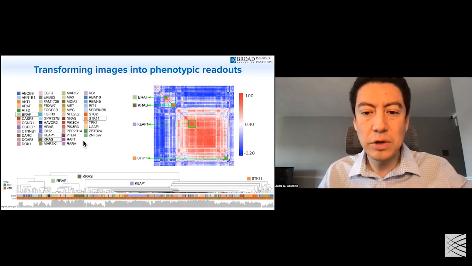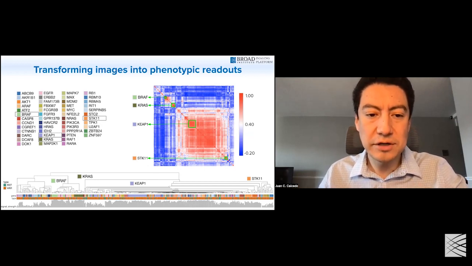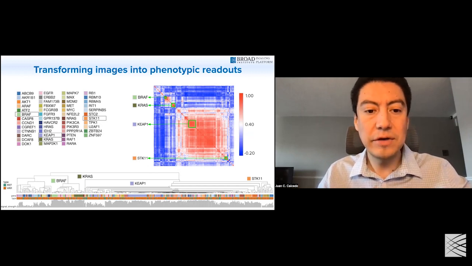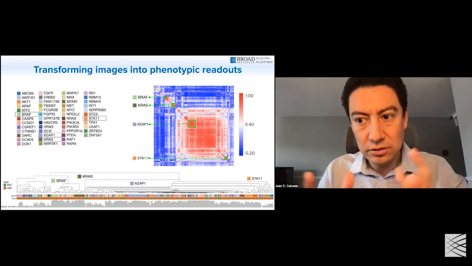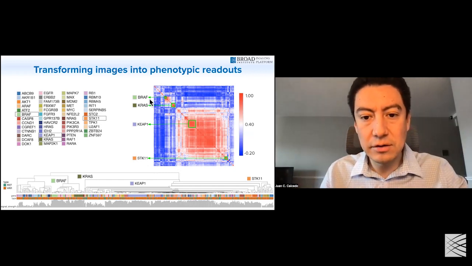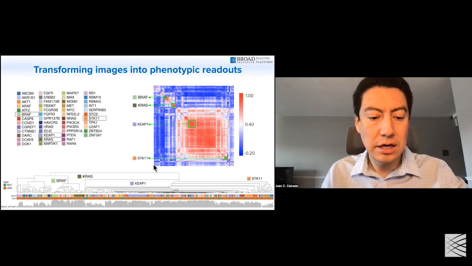For each of those, we had about 8 to 20 variants included. This is the matrix of similarity across the replicates. And one thing that we observed is that the variants of each of the wild type genes that we included cluster all together. So for instance, all of the BRAF variants that we have are similar to each other here, and same happens with KRAS and other genes.